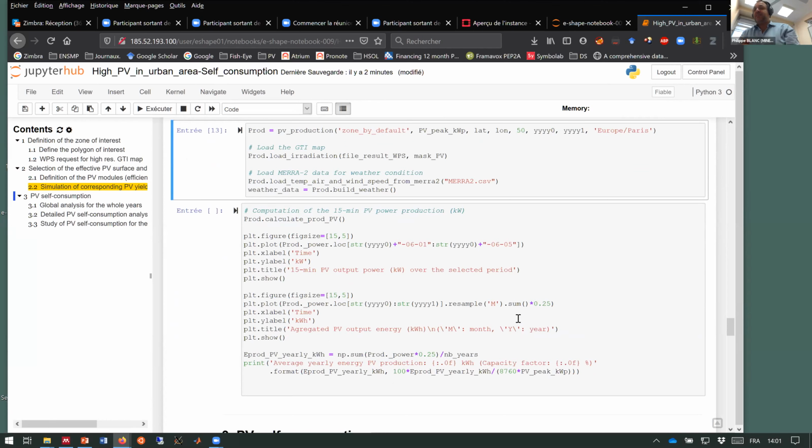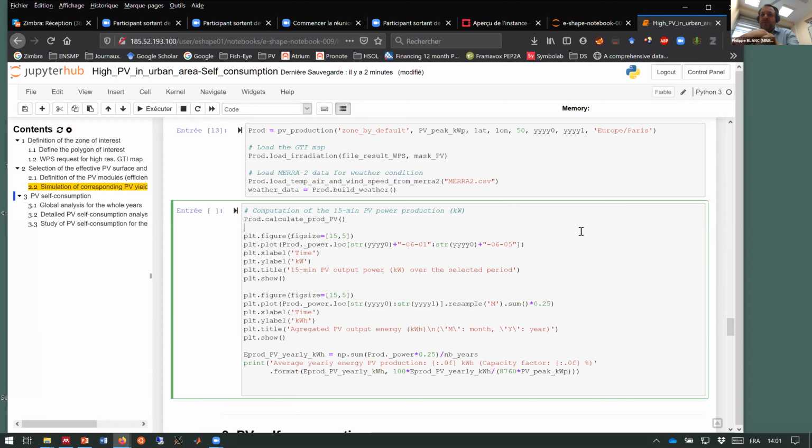Okay, so once the PV production has been done, we can also look at the production, and here it's an example to select 5 days in June to see the PV production.